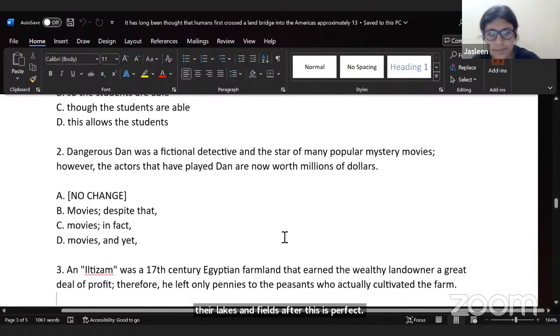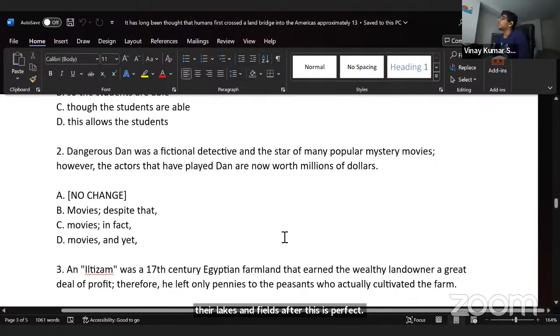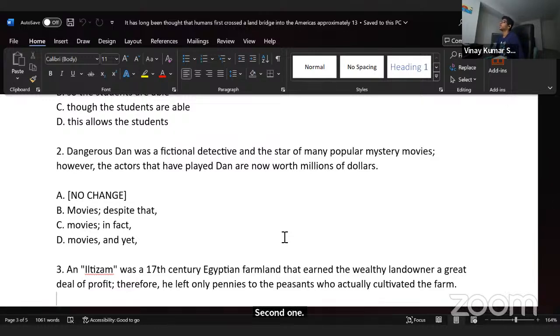Second one. Dangerous Dan was a fictional detective and the star of many popular mystery movies. However, the actor that have played Dan are now worth millions of dollars. The actors that have played Dan are now worth millions of dollars.